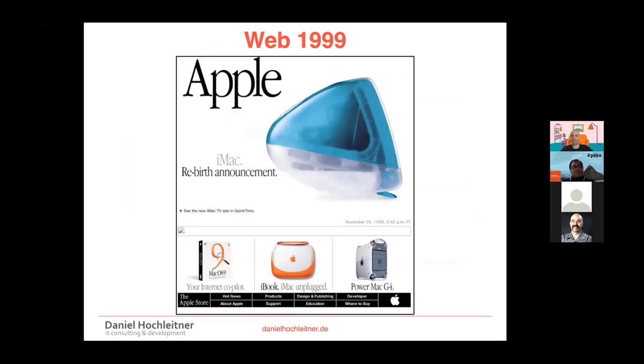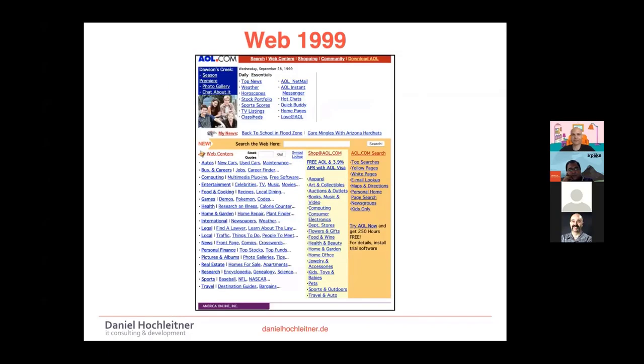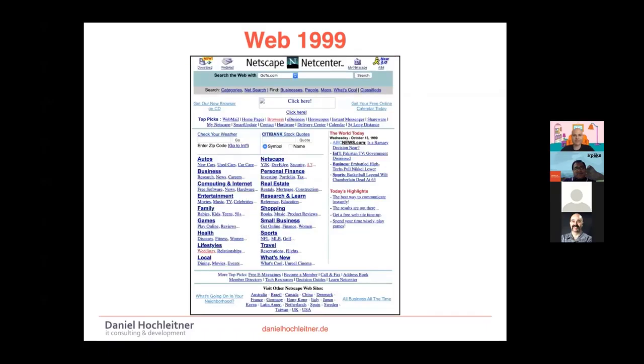The Apple homepage, nice iMac. Microsoft.com. If you remember AOL for your internet connection back in the days. The Netscape Communicator. So besides Internet Explorer, it was the first real browser.